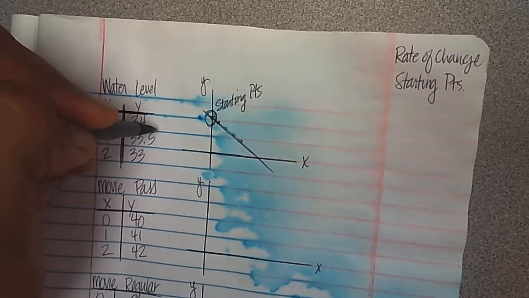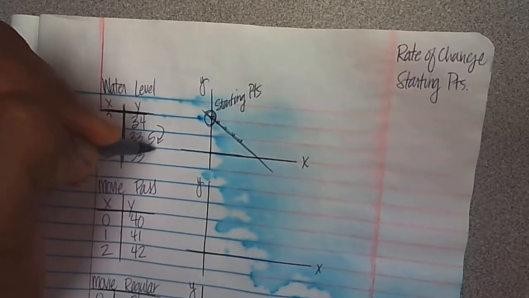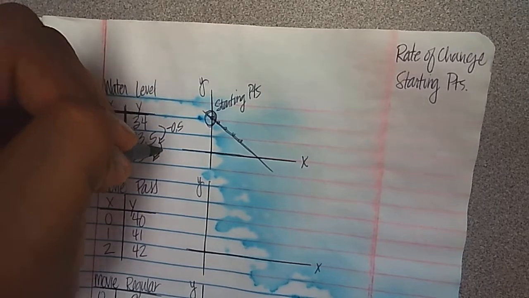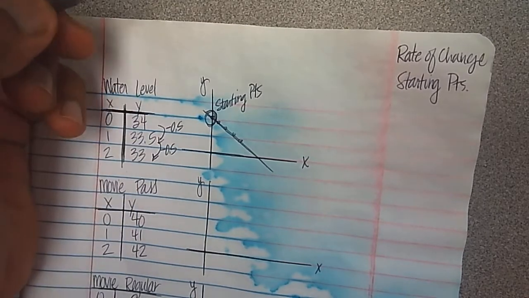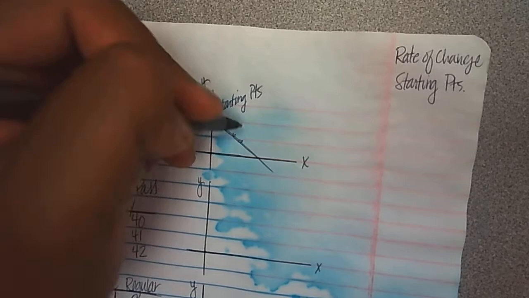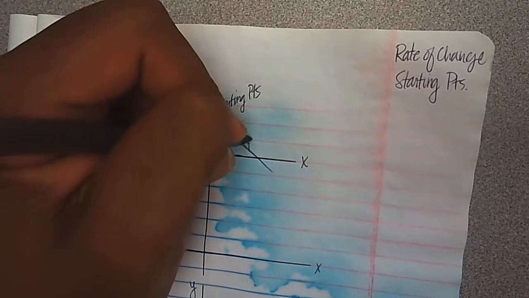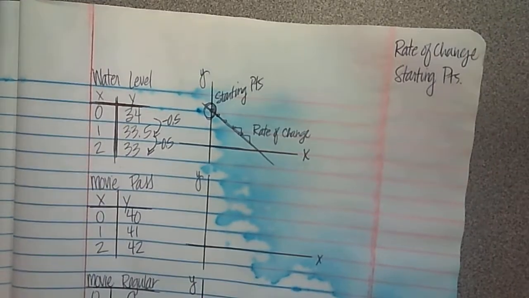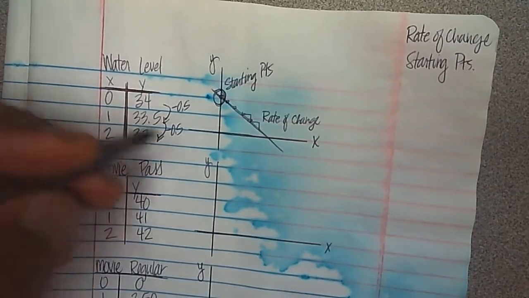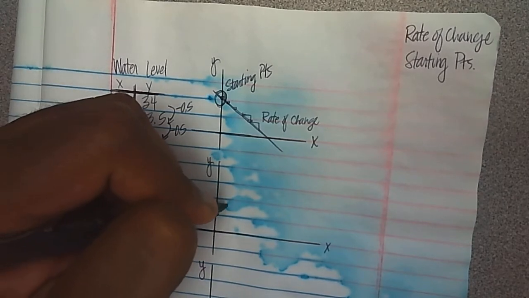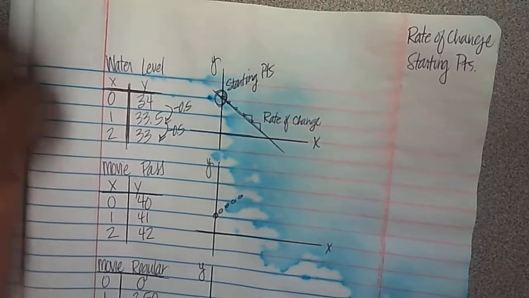And then in your table, as you go down, you'll notice that your rate of change is what that is. So the rate of change, how much this goes down, is your rate of change.